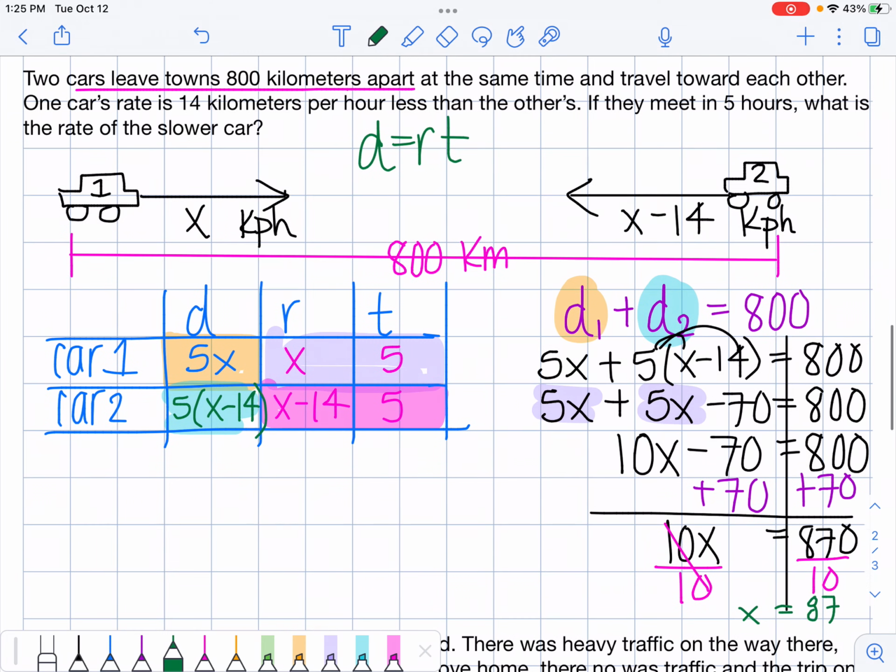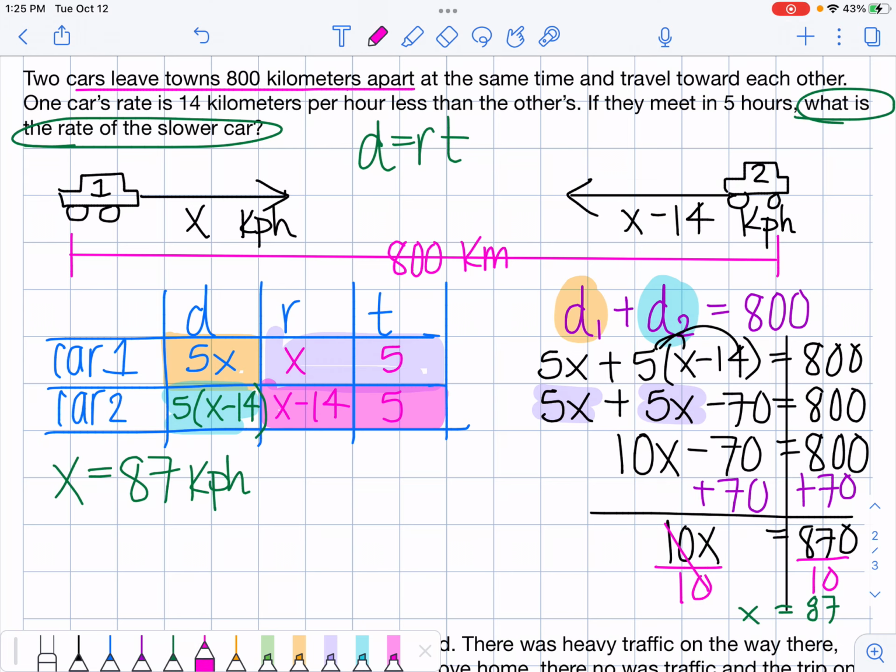Okay, so if x is equal to 87, and that would be kilometers per hour. It asked me what is the rate of the slower car. So that means that car 1, we said was x, moves at 87 kilometers per hour. For car 2 over here, their speed is 14 less, so they're going to be the slow car.